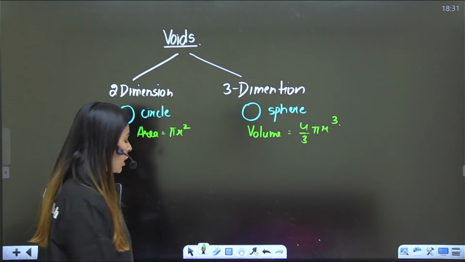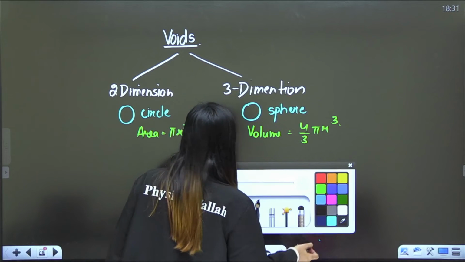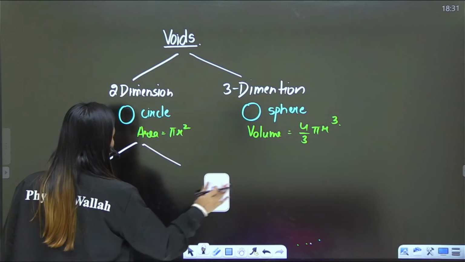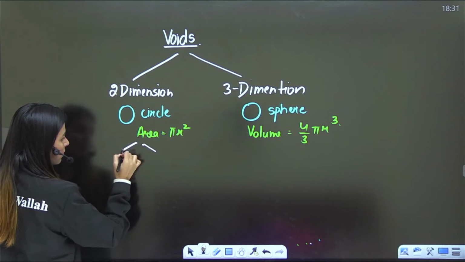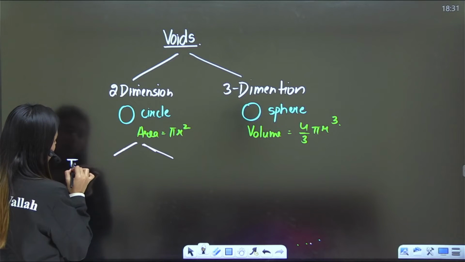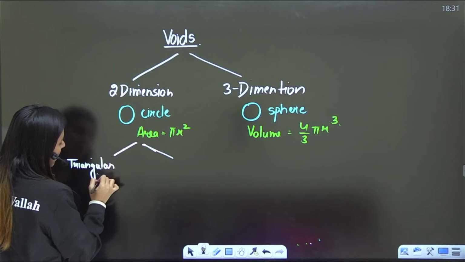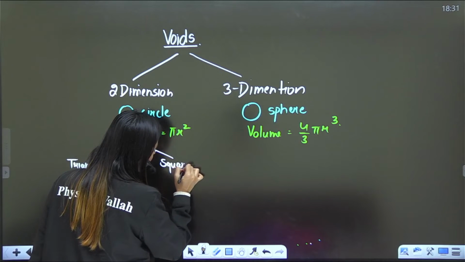Okay, so now my dear students, when we talk about the voids, two dimension has two different types of voids. One is known as triangular void, and the other is known as square planar void.